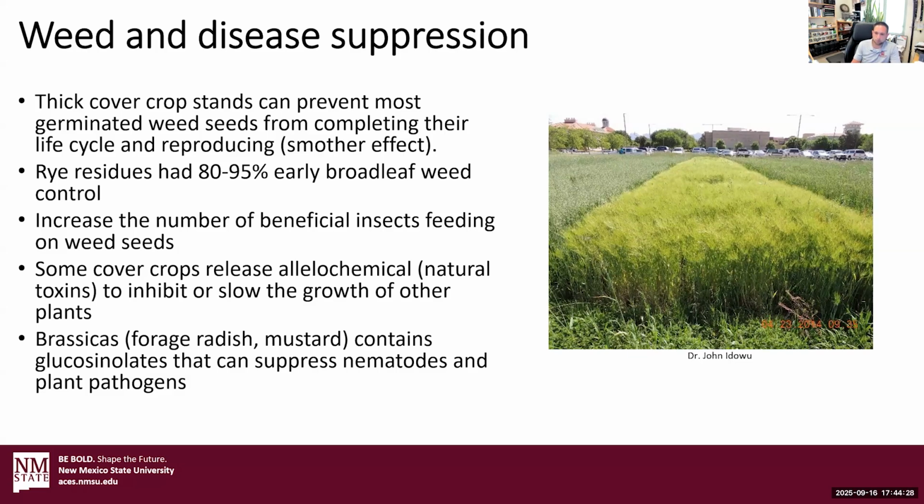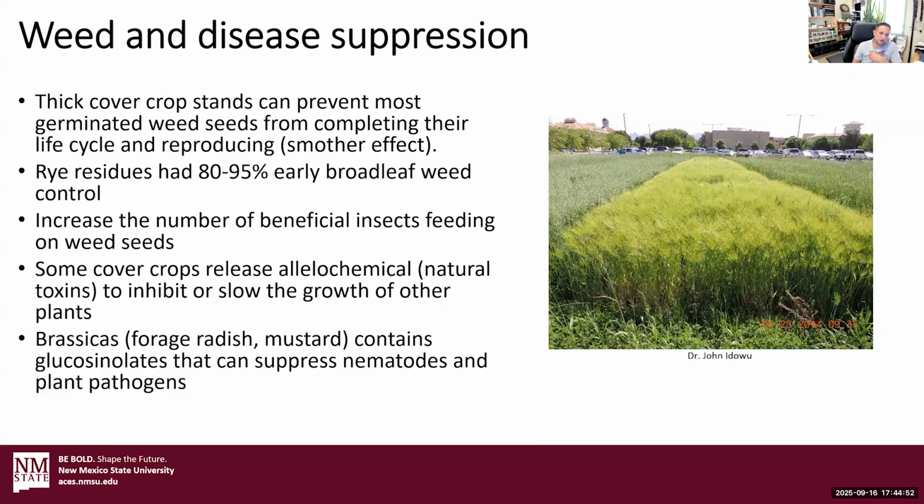So it literally just smothers them out. And so you can see this photo here on the university farm by Dr. Idowu, who's our main cover crop person and soil health expert. He plants these cover crops, and you can see that in this area there's really not any weeds germinating.